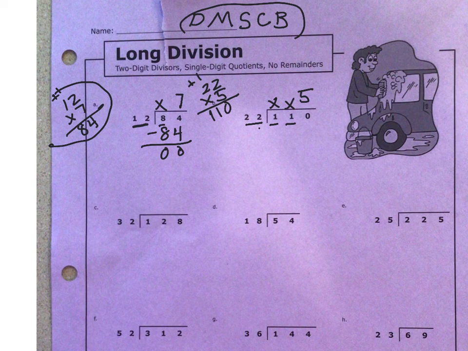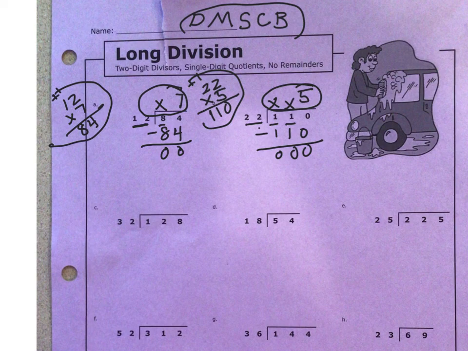So if you get a remainder, you need to check again. So I just did it right up here. 5 times 22 is 110. That's what I subtract, and it's 0, isn't it? So my answer is 5 over here. My answer is 7 over here.